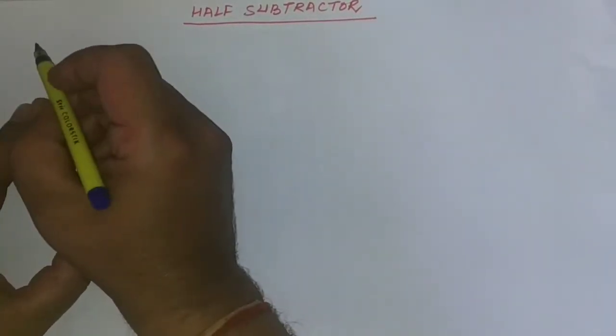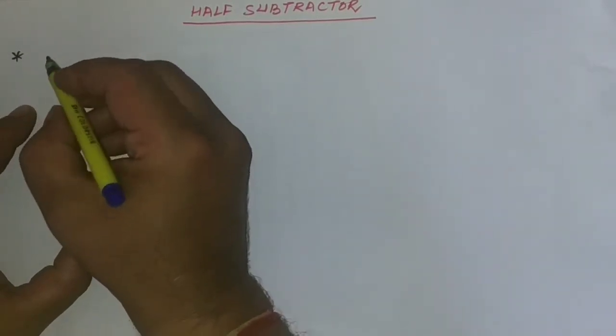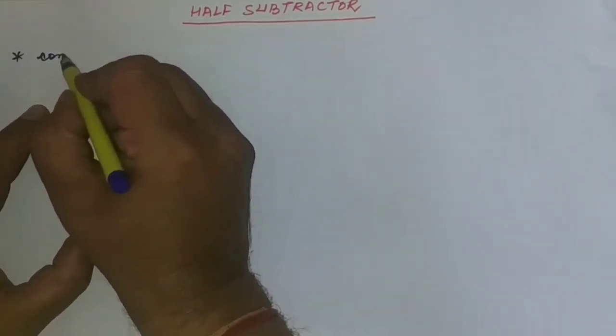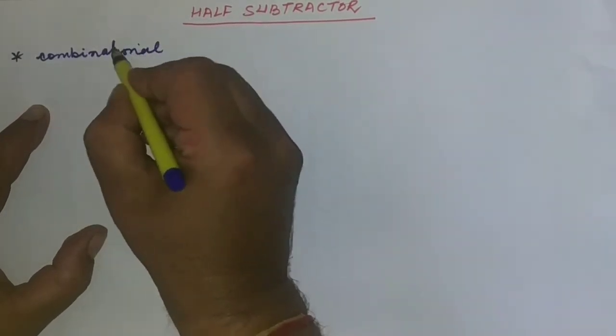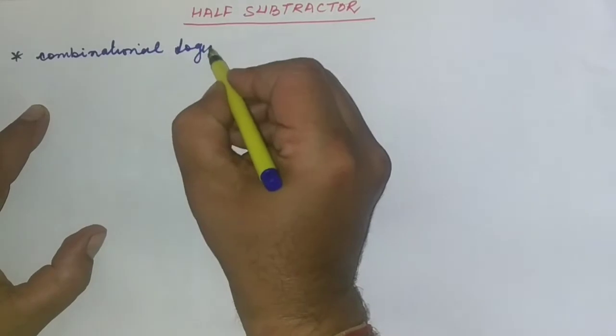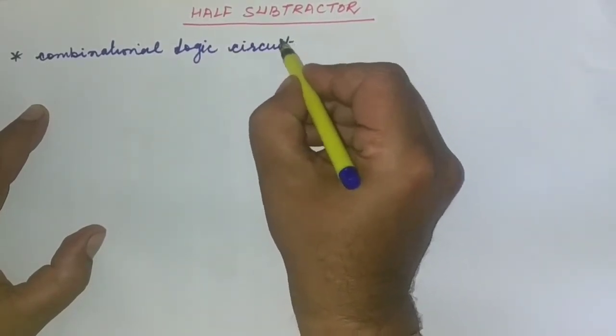So as far as half subtractor is concerned, first point is that it is a combinational logic circuit, like half adder and full adder.